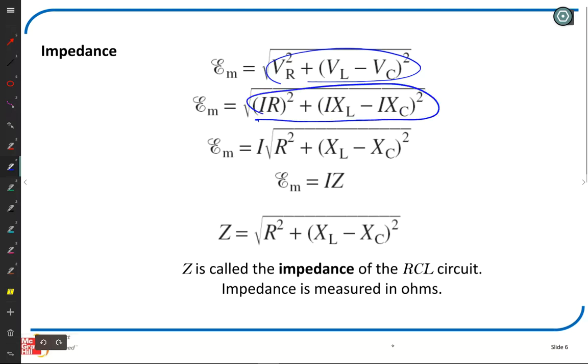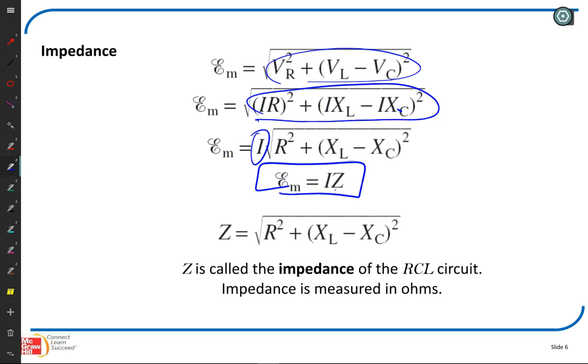They all have an I in there, so you factor out the I. The total voltage over the total current is what we call the impedance. So this is a fourth version, if you will, of Ohm's law. The voltage is equal to the current times the impedance. And that impedance, just by following the work, is the square root of resistance squared plus (XL minus XC) quantity squared.